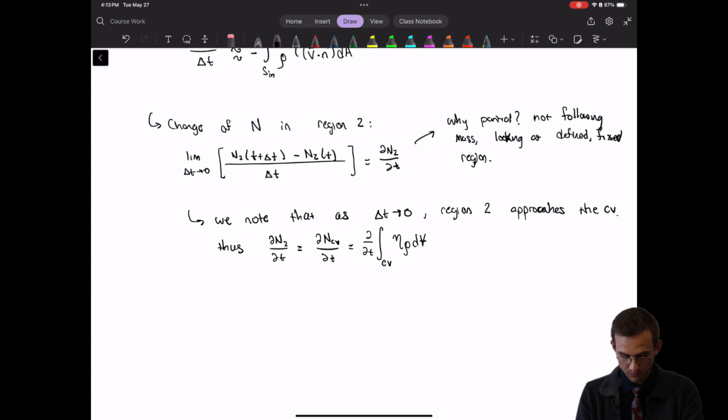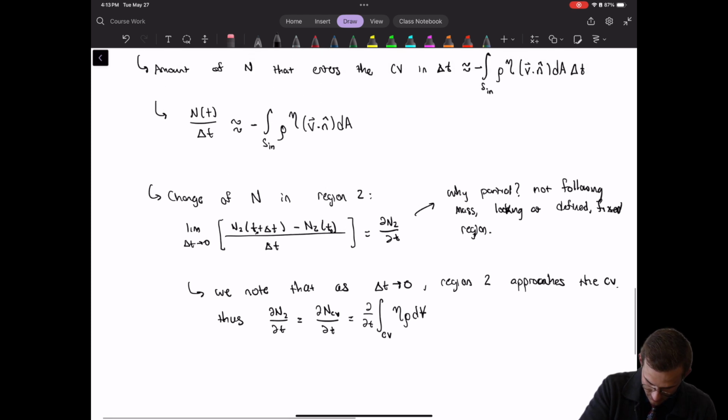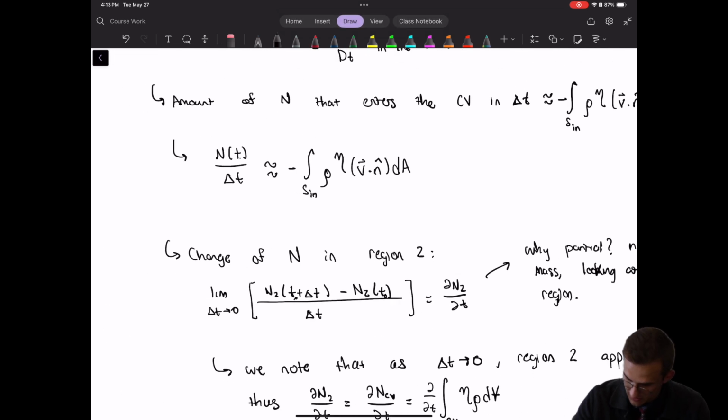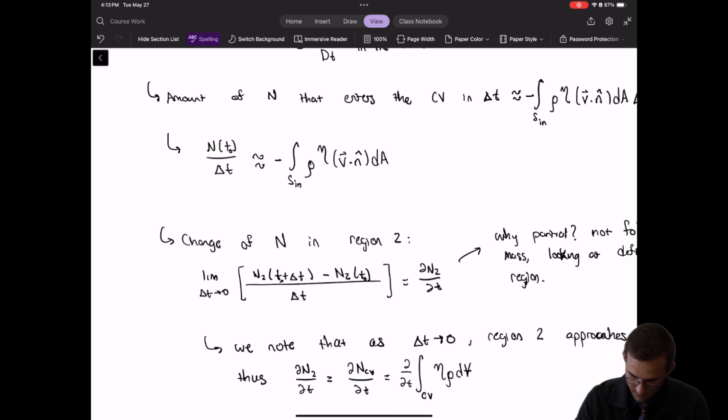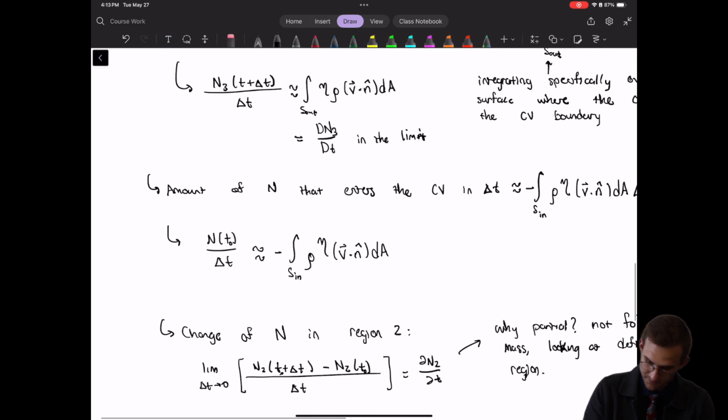Okay, so we can replace the N2 at t naught plus delta t rather. I think I left it. We did replace this with a naught as well. Oops, sorry about that. We need to replace this with a t naught as well. Let me get the zoom right here. Okay, and I guess I dropped one right there too.